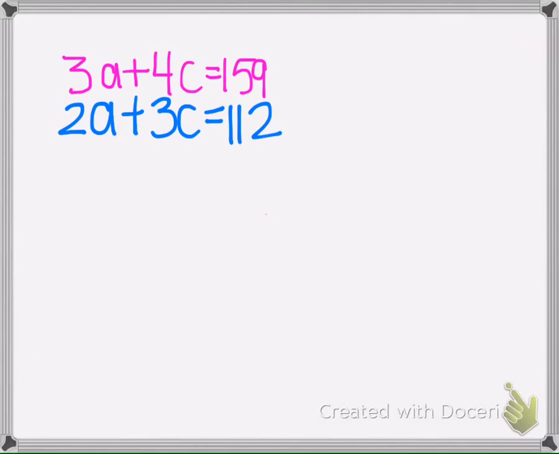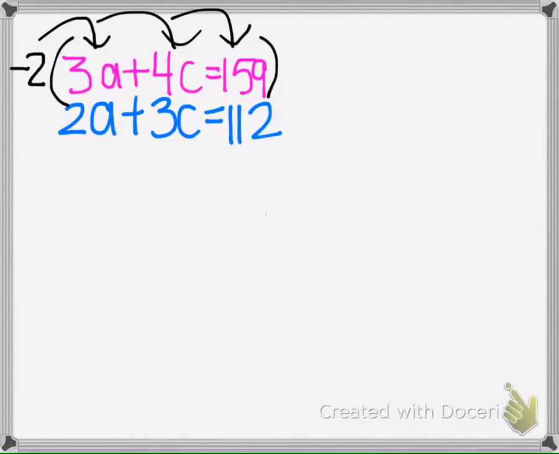So to solve this system, I'm going to go ahead and use the addition method. So I need to pick either the A terms or the C terms to make opposites. So I'm going to go ahead and multiply the top equation by -2, and when I do that, I'll now have -6a minus 8c equals -318.